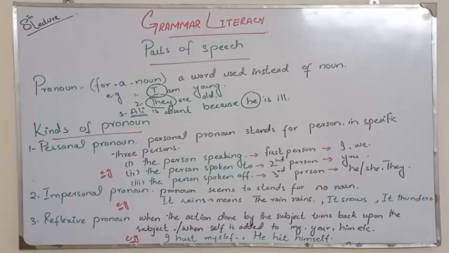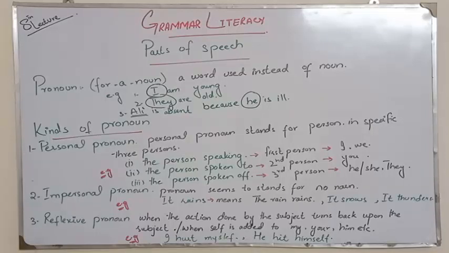The next one is the reflexive pronoun. Alright viewers, what is a reflexive pronoun? It is when the action done by the subject turns back upon the subject. Here the subject is one, and the action done by that subject is done on that same subject.